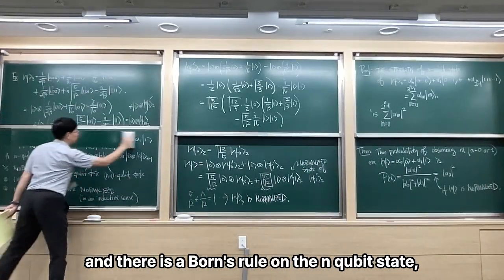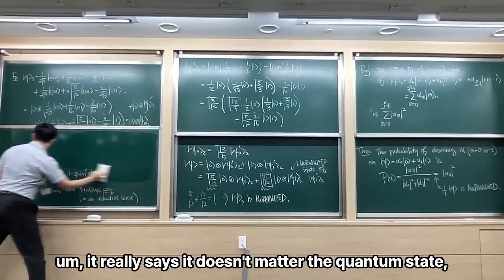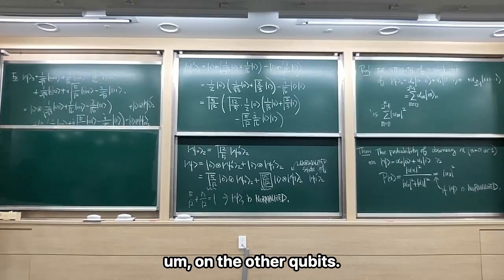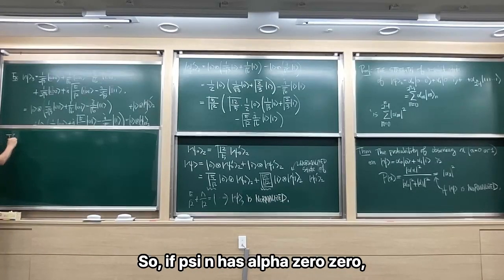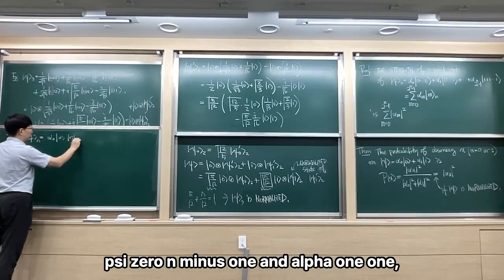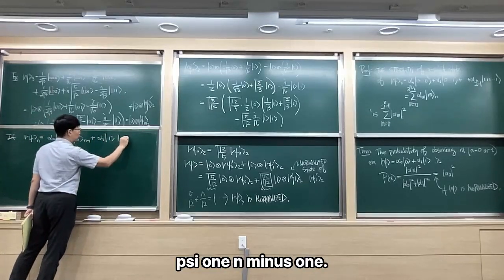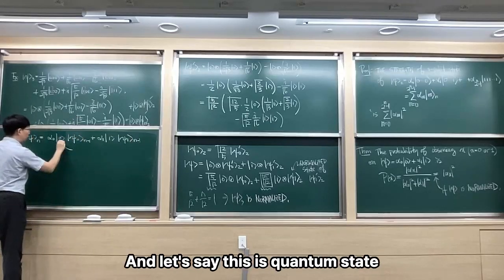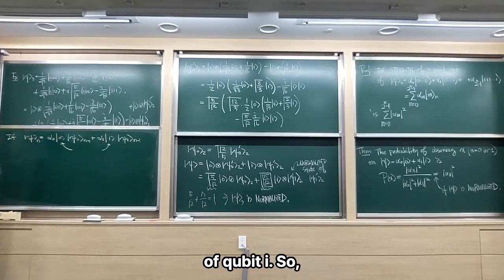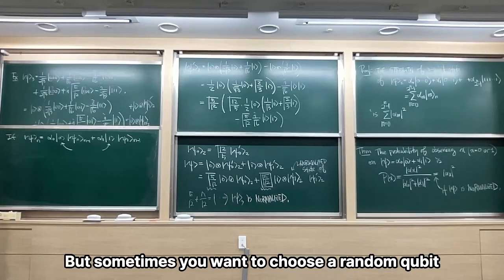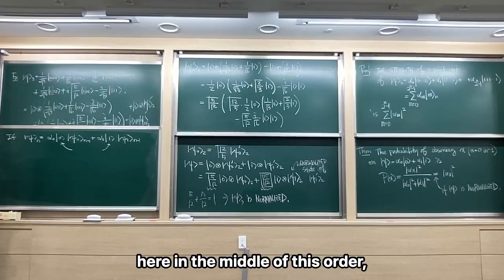And there is a Born's rule on the n-qubit state, and it says the following. It really says it doesn't matter what the quantum state on the other qubits is. So if psi n has alpha 0 ket 0 tensor psi 0 on n minus 1 qubits, plus alpha 1 ket 1 tensor psi 1 on n minus 1 qubits, and let's say this is the quantum state of qubit I. You'll see what I mean, because usually we put the index from right to left in increasing order, but sometimes you want to choose a random qubit in the middle of this order.